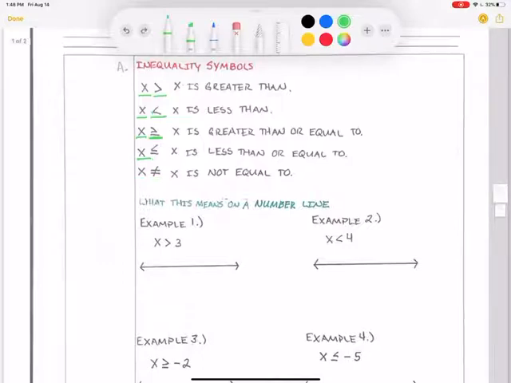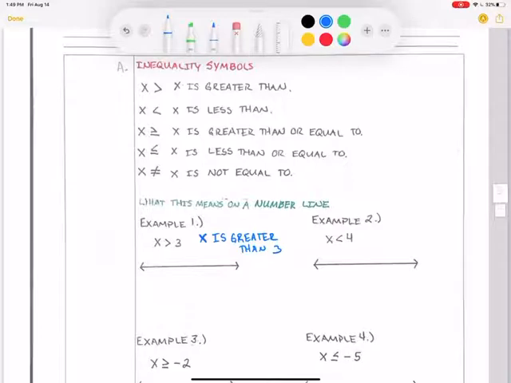So on a number line, what this looks like, we have some examples here. My first example, the way it reads is x is greater than 3.